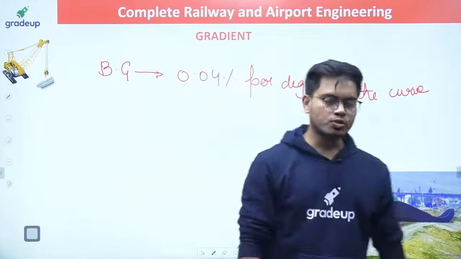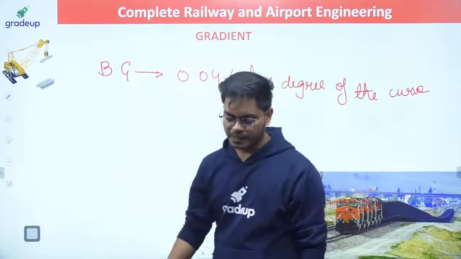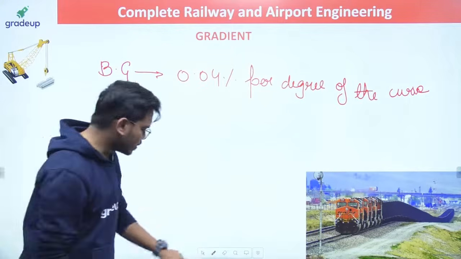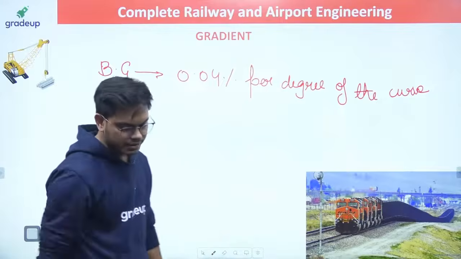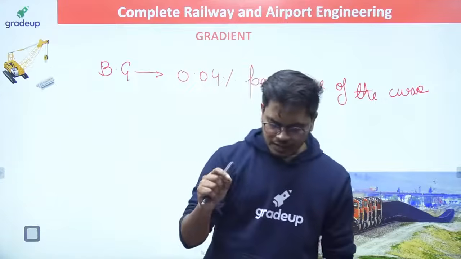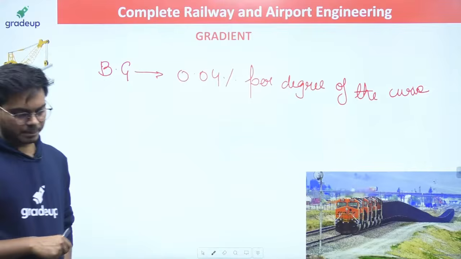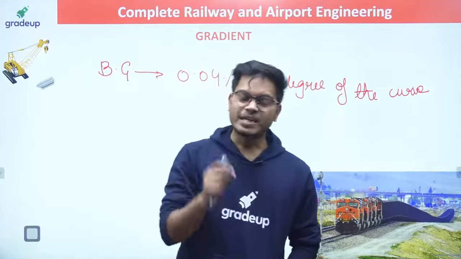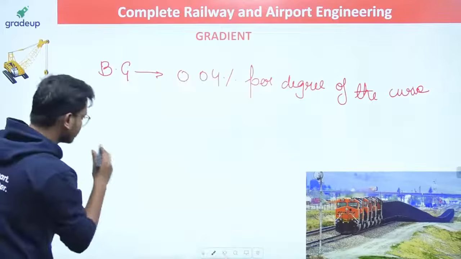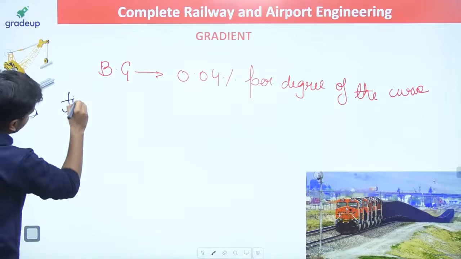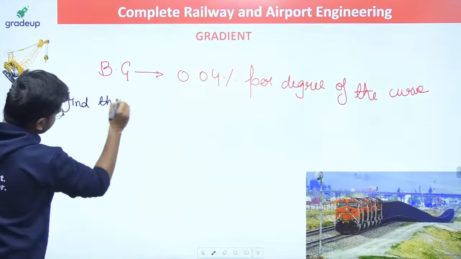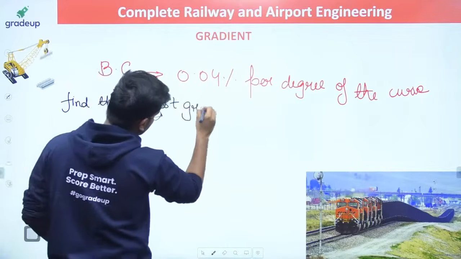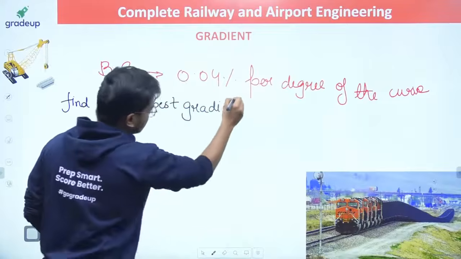Now how to solve the question if the question will come from this particular concept? The question they will provide you is like this. Basically they will tell you, find the steepest gradient. I have the question here with me.